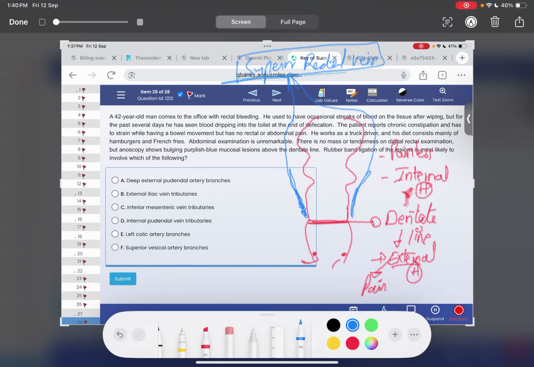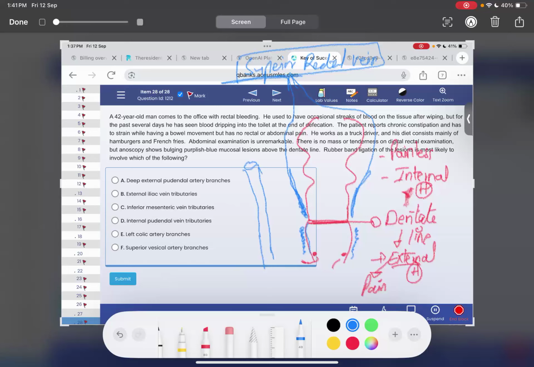Now what's happening to the external hemorrhoids over here? The venous supply over here is through the internal iliac vein. The internal iliac vein gives branches called the middle and inferior rectal veins.